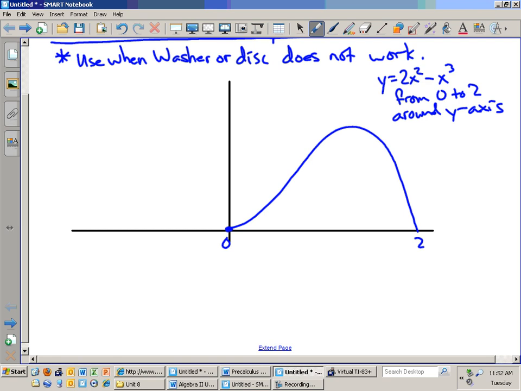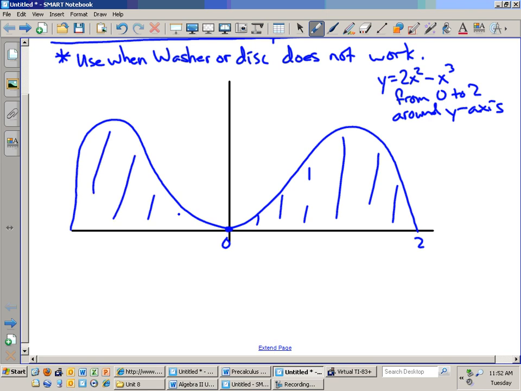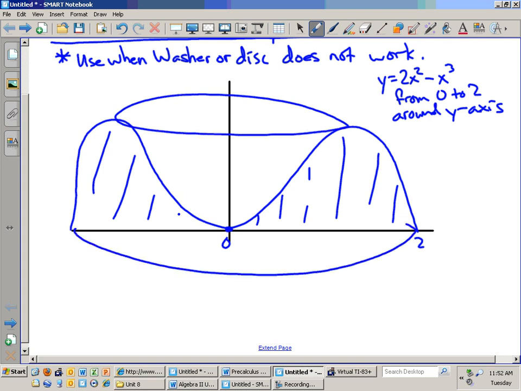So this is the really important part that you understand: why this won't work. If I were to take this shape, which is really this area right here, and I were to revolve it around the x-axis, now I would come up with a shape something like that.